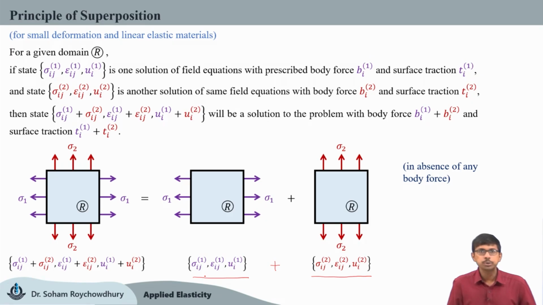So, if you add these two up, considering the body where both the surface tractions T1 plus T2 are acting, then the solution of stress would be sigma ij1 plus sigma ij2, solution of strain would be epsilon ij1 plus epsilon ij2 and displacement would be ui1 plus ui2. So, this is nothing but the principle of superposition, and this is valid for small deformation, meaning strain displacement relation being linear, and for linear elastic solid, meaning constitutive equation being linear. Then only this principle of linear superposition holds true.